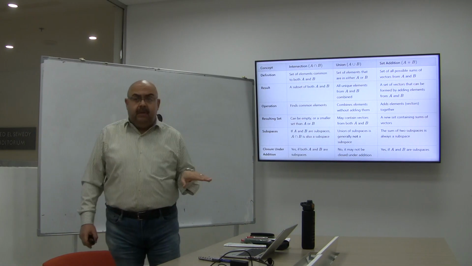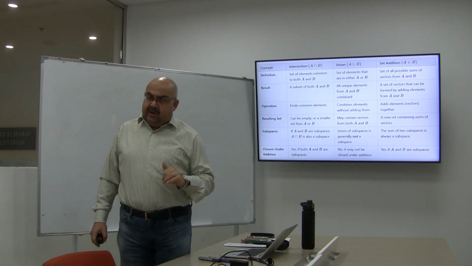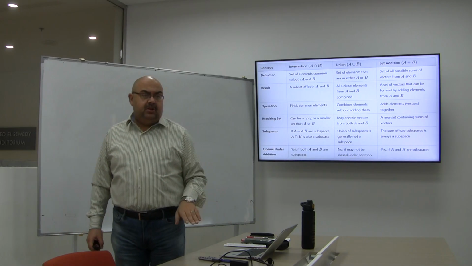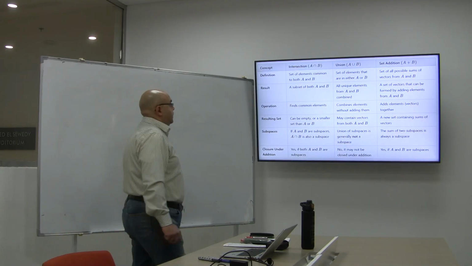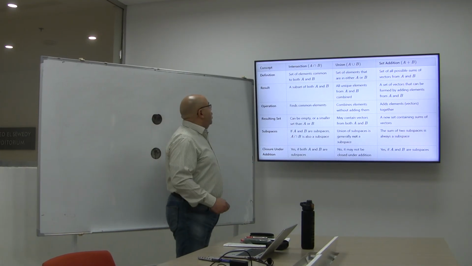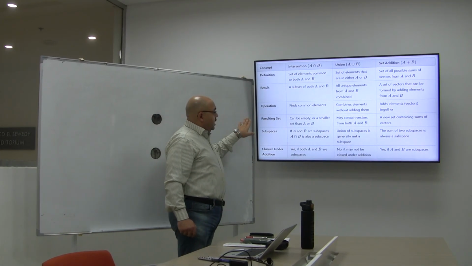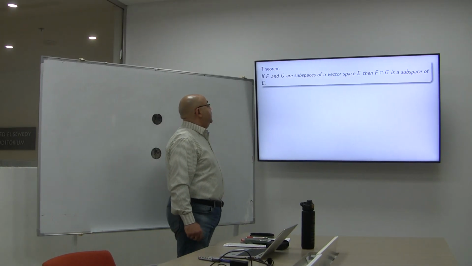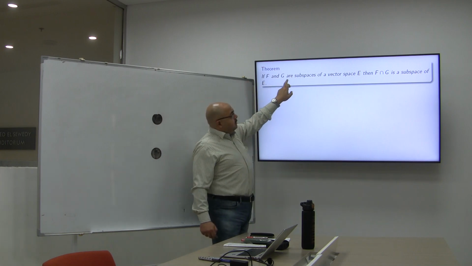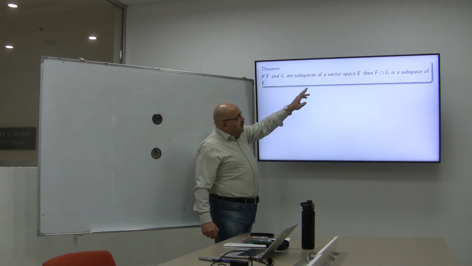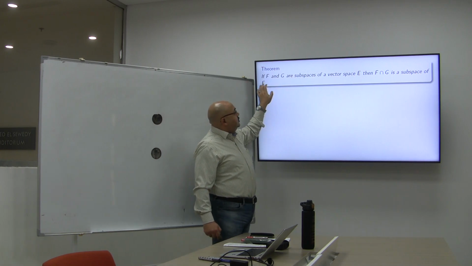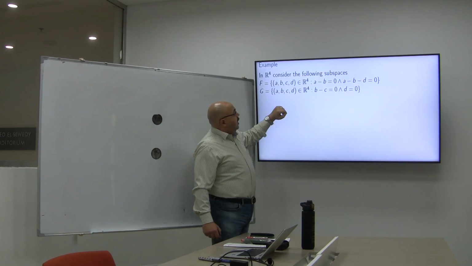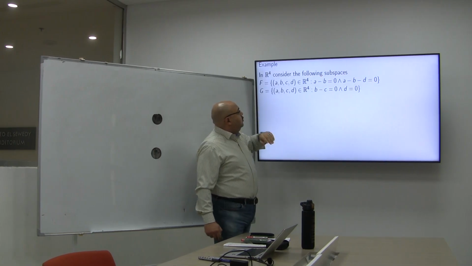I believe I sent you this PDF earlier, and once I finish, I will send it to you also on WhatsApp. It contains the details of definition, result, operation, resulting sets, covering a summary of all the previous information. If F and G are subspaces of vector space E, then F intersection G is a subspace of E also, that's the statement that I've repeated more than once.